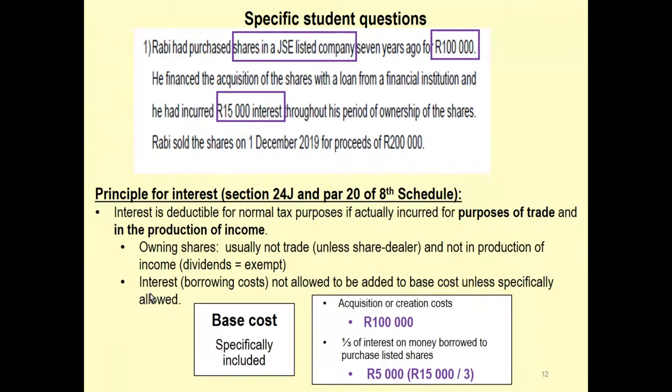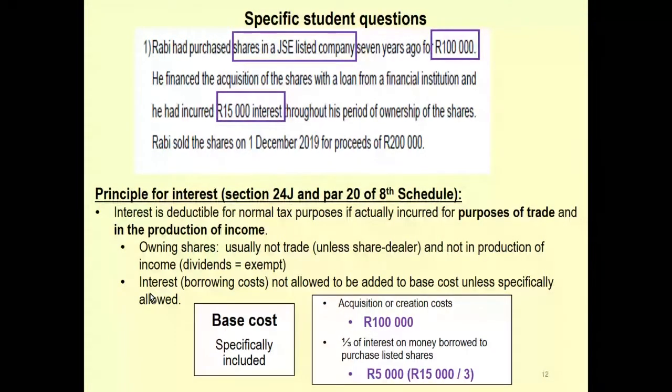Then, because these are shares listed on the JSE, paragraph 20 goes further and says that even though technically you're not allowed to add interest to base cost, if it is interest incurred on money that you borrowed to purchase listed shares, you may add 1/3 of that interest.